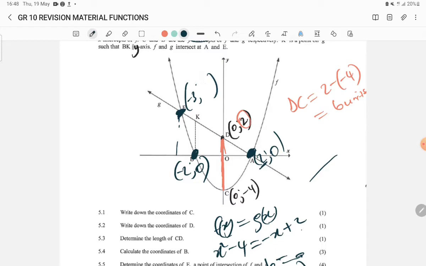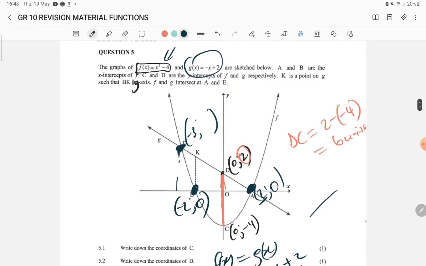So we need to use any of these points to substitute, g at negative 3, so that you find the corresponding y value there. So we have negative of negative 3, then plus 2, so the answer is just going to be 5. So we are having 5 as the y value of e.